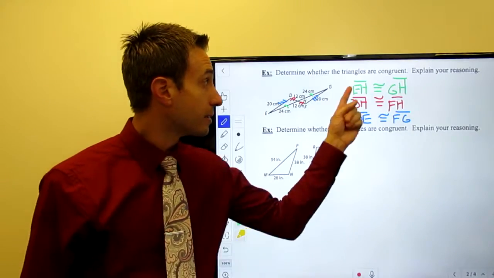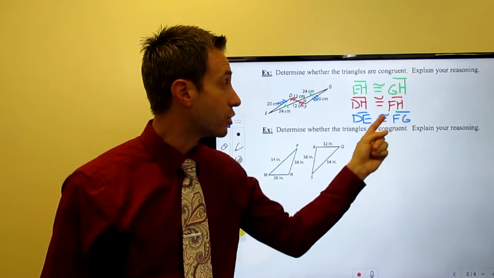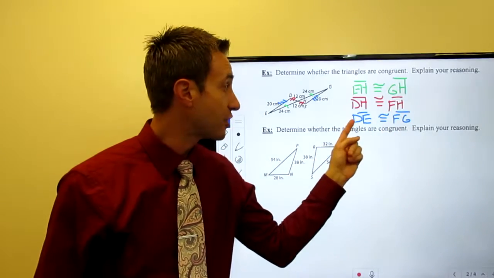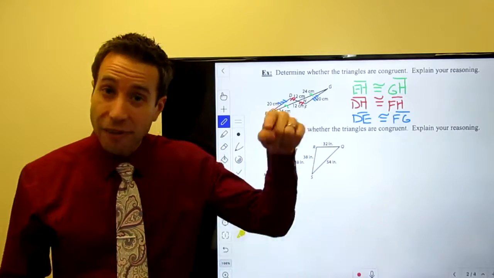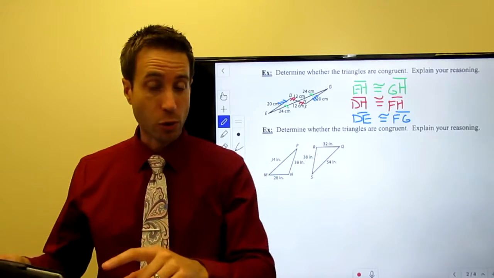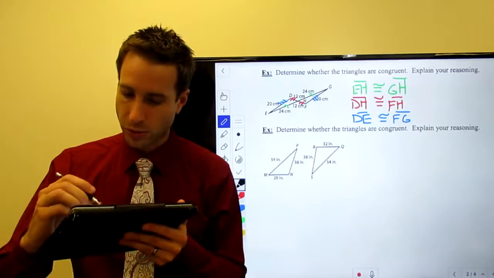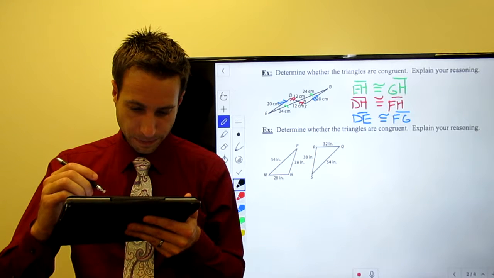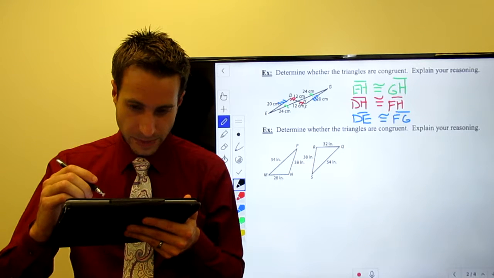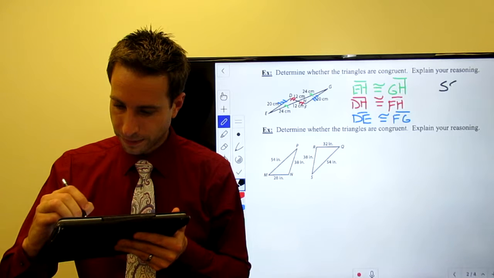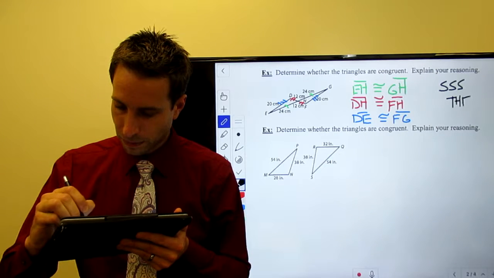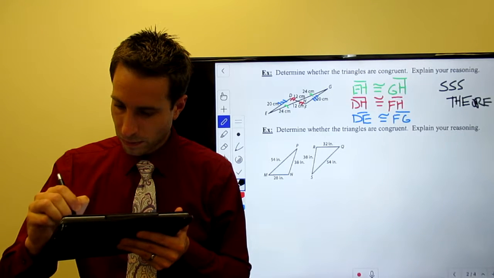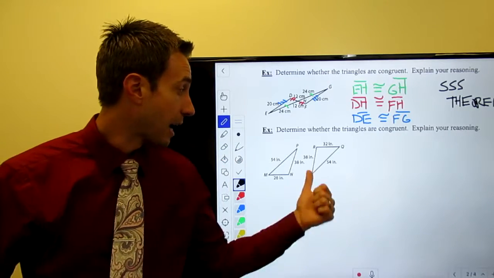And they're congruent. EH is congruent to GH, DH is congruent to FH, and DE is congruent to FG. I've shown that the three pairs of corresponding sides are all congruent, and so the side-side-side theorem. Awesome, fantastic.